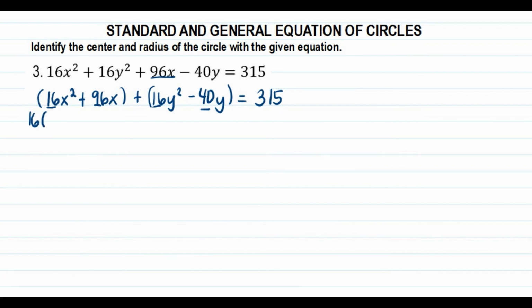16 divided by 16, x squared is x squared. 96x divided by 16 is 6x plus 16y squared divided by 16 is y squared minus 40y divided by 16 is 5 halves. 5 halves y equals 315.